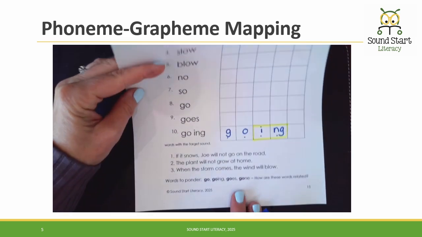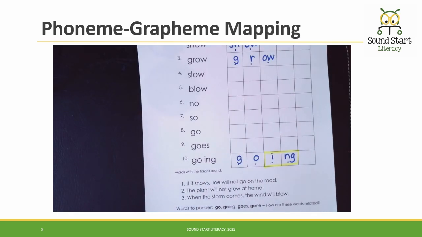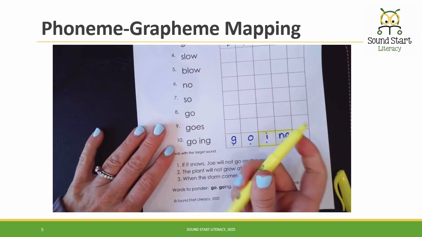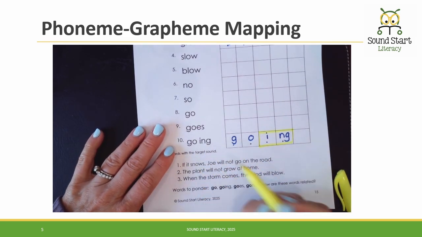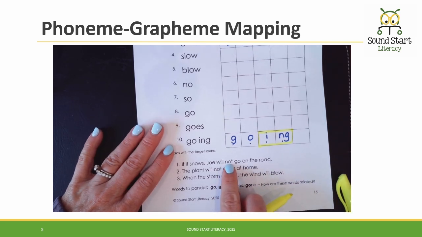Then the student will go ahead and read the words that have the target spelling. So here it says the target sound, so it could be any sound that has an O. Now, kids have to be careful because a word like "not," even though there is the letter O in "not," it's not making the O sound, it's the ah sound.